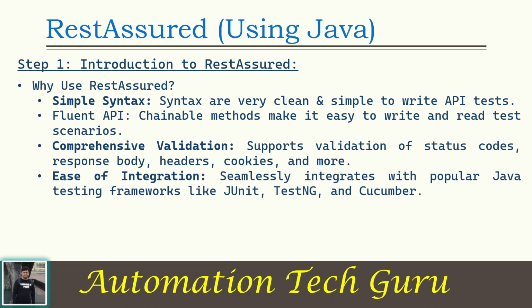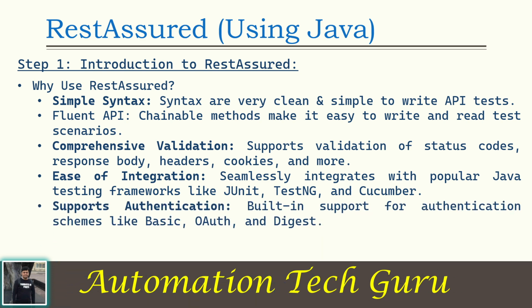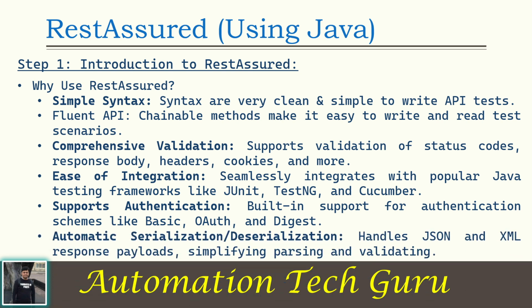Ease of integration: seamlessly integrated with popular Java testing frameworks like JUnit, TestNG, and Cucumber. Support for authentication: built-in support for authentication schemes like basic auth or digest. Automatic serialization and deserialization: handles JSON and XML response payloads, simplifying parsing and validating.